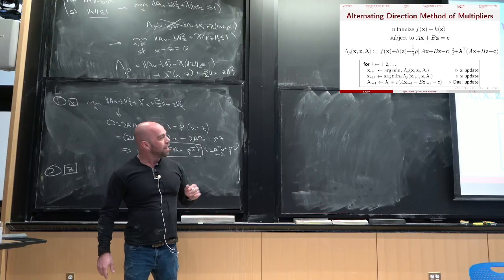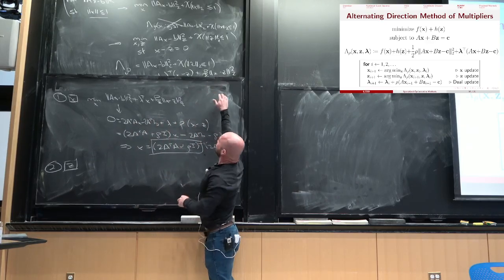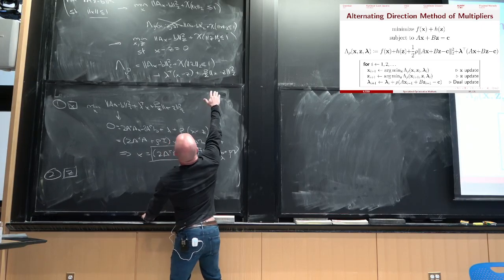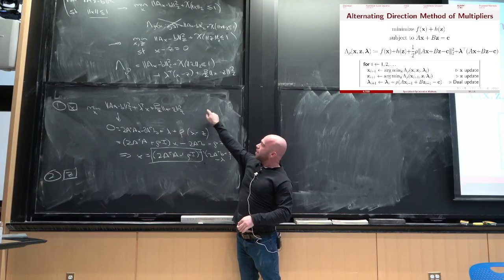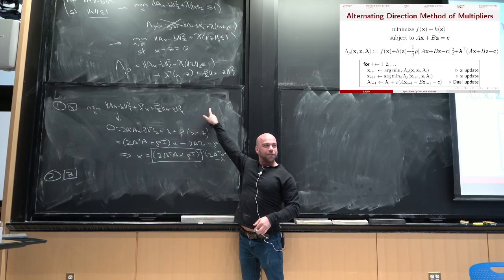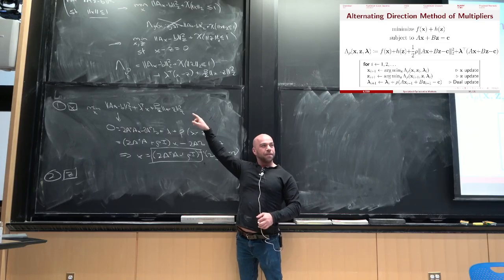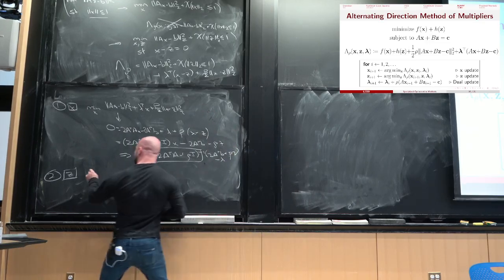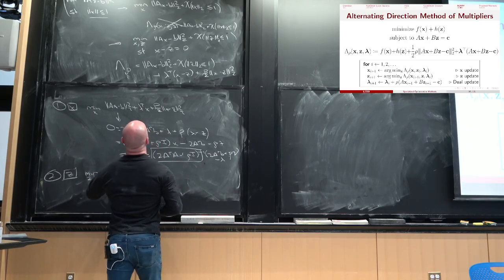So now we need to minimize our Lagrangian with respect to z. We can do the same exercise. For visual quality, we can strip out all the terms involving x and lambda and just leave z. So we have a minimization over z.